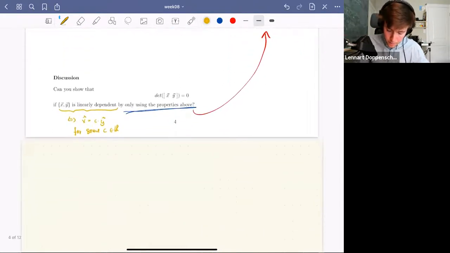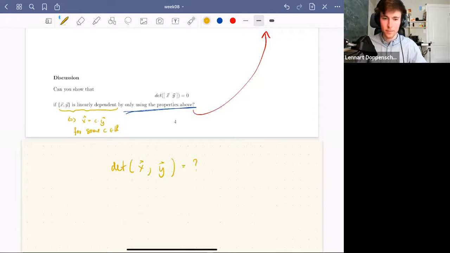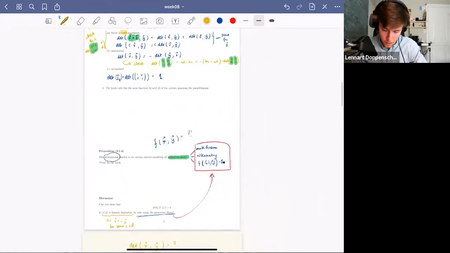And the question is, what is the determinant of x and y? Let me zoom out so that you can see the properties.